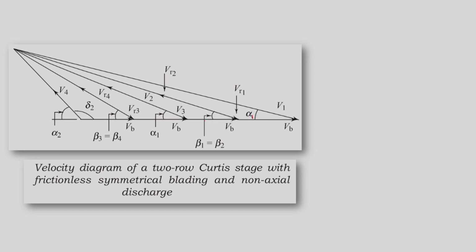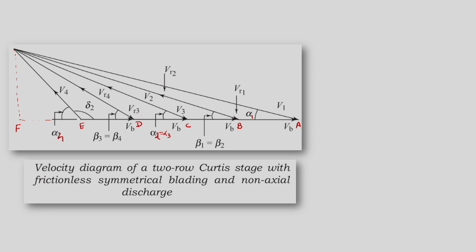Here we have alpha 1, here we have alpha 2, here alpha 3, and then we have alpha 4. Let us name them as A, B, C, D, E, and then I will name this part as F.